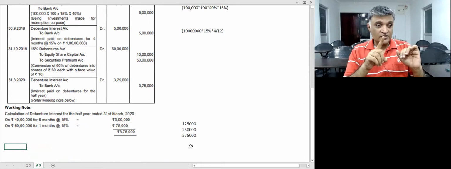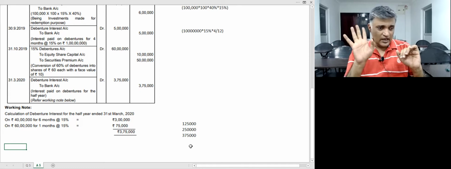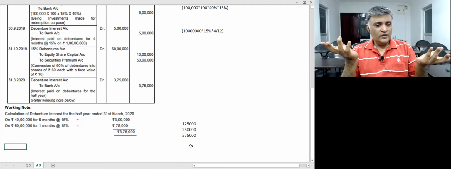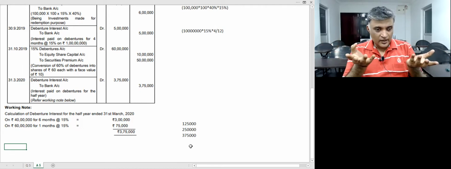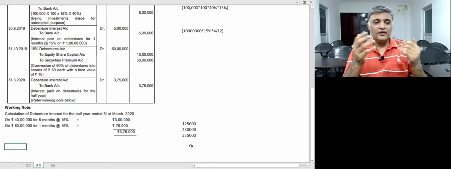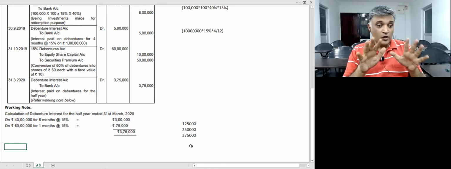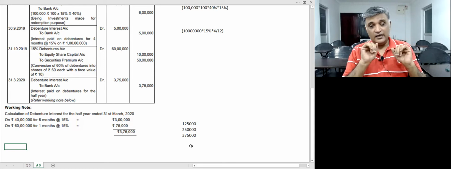Because on 31st October, I am redeeming it. So 1 month interest is due on the 60 lakhs debentures. For the 60 lakhs, I calculate 15% for 1 month, it gives you 75,000. The remaining 40 lakhs, the interest is due for 6 months. So that will give me 3 lakhs. If I total that, that is going to be 3,75,000. So this is one way to calculate the debenture interest.